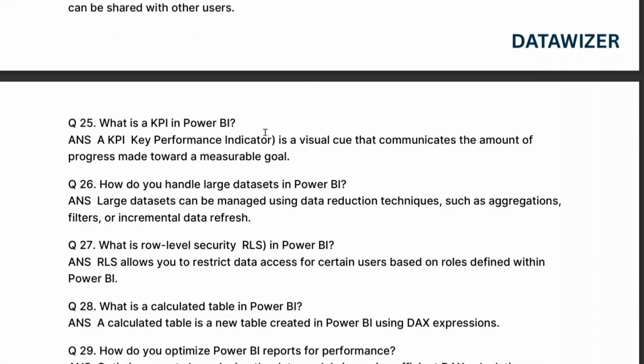Next is, what is KPI in Power BI? KPI is key performance indicator. It is a visual cue that communicates the amount of progress made toward a measurable goal. For every industry, we will have different KPIs.